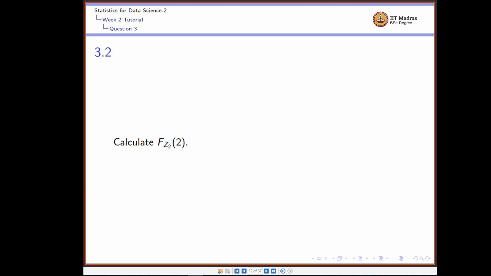Following the same information, now we have to calculate the probability of Z2 at 2. So what is Z2? Z2 is the minimum of X1, X2 up to X5, and we have to find F_Z2 of 2. It means we have to find the probability that Z2 is less than or equal to 2.